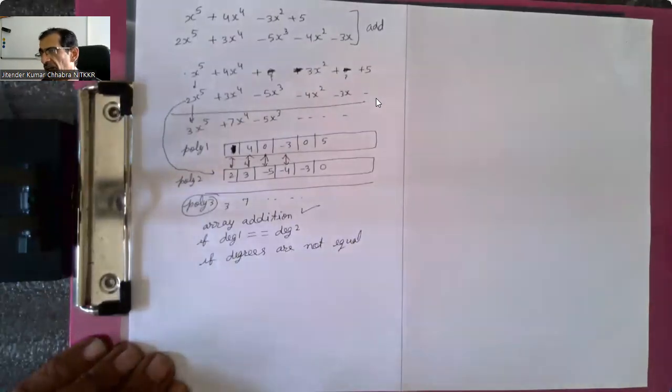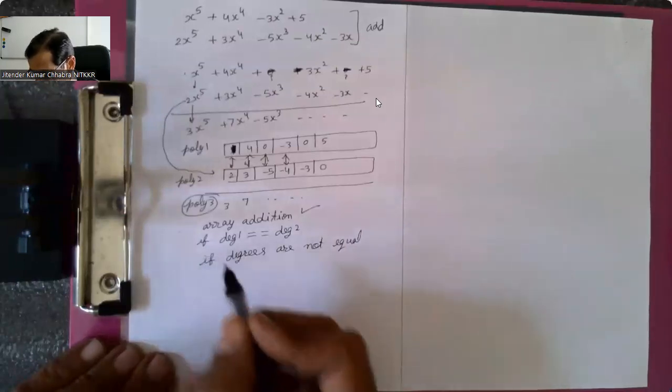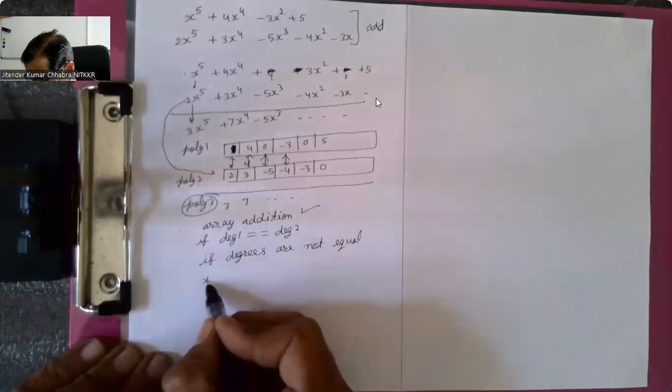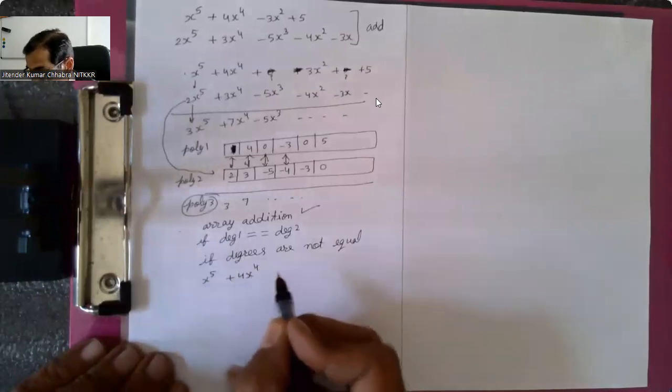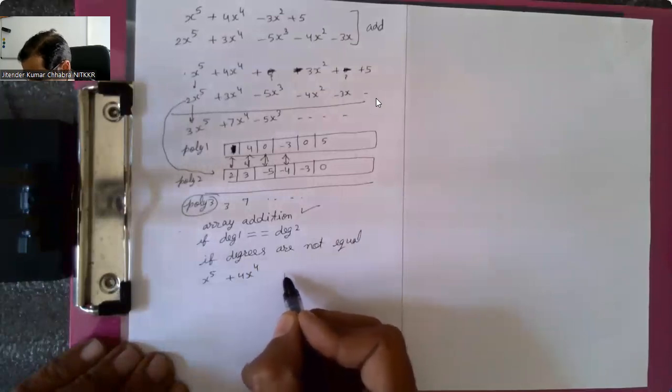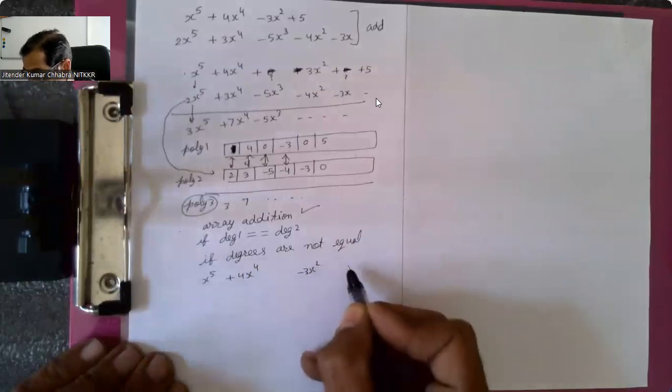The thing is simple. Recall how you did it on paper in mathematics or during your schooling. Even if you don't know programming, you have done this addition at school level in some way. For example, I have one polynomial as x raised to 5 plus 4x cube minus 3x square plus 5.